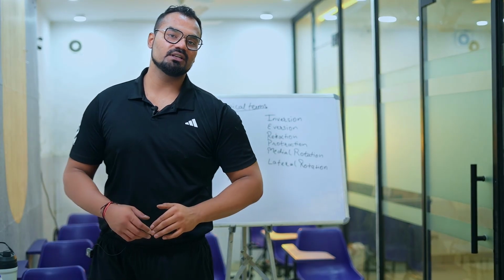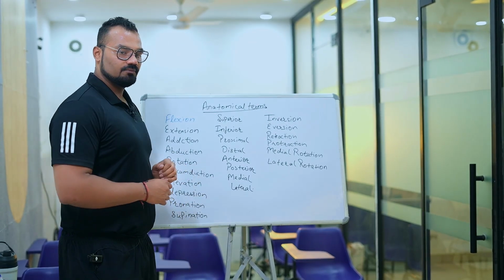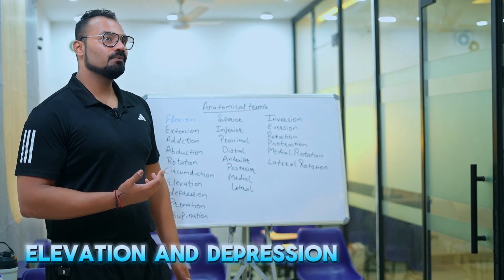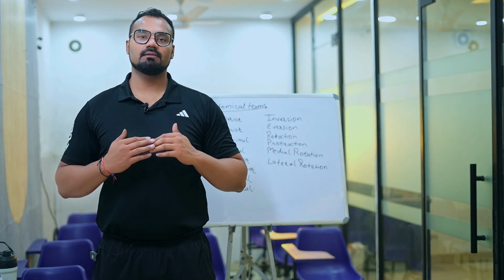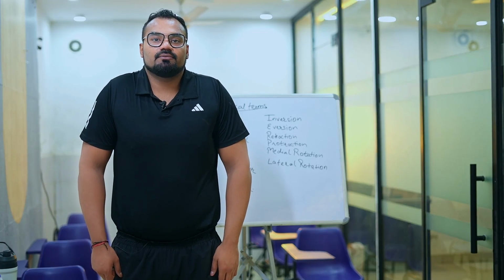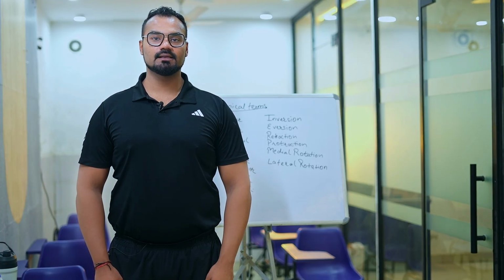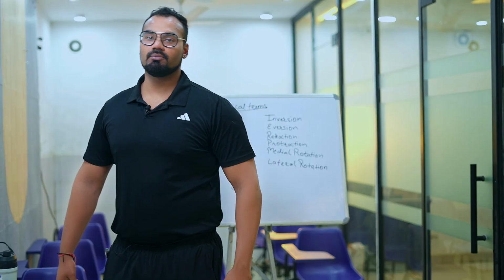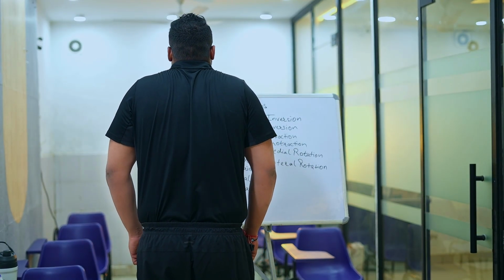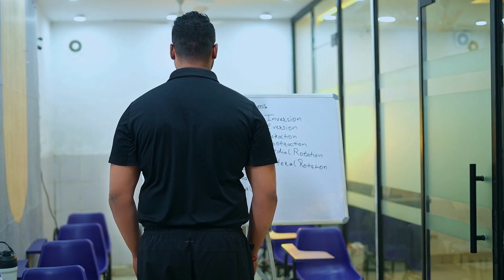So all these movements combined make circumduction. Now if I talk about another movement, that is elevation and depression. Elevation is elevating something. So if I am elevating my shoulders, this is elevation, and this is depression. I'll show you from behind. This is elevation and this is depression.